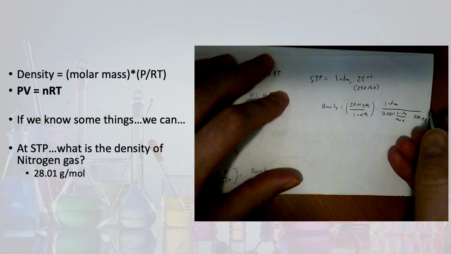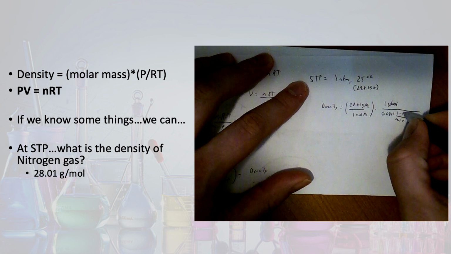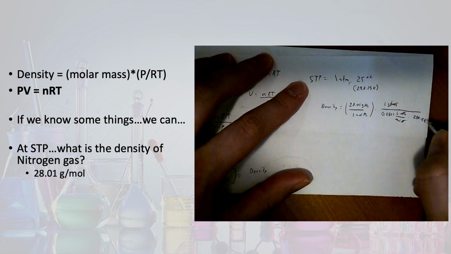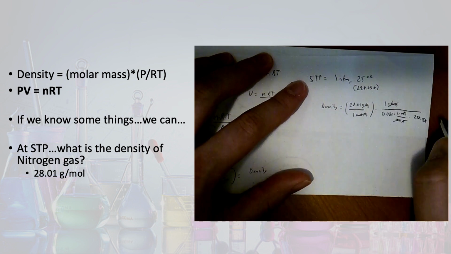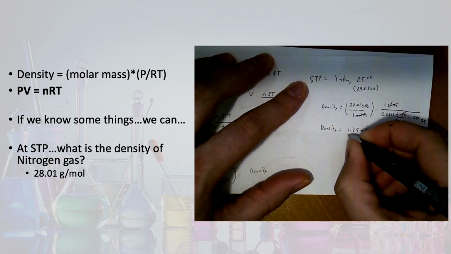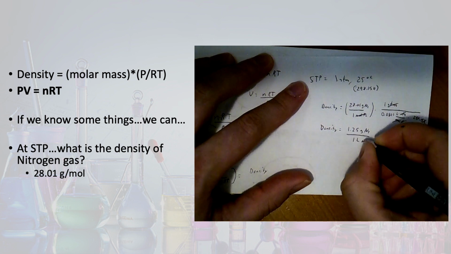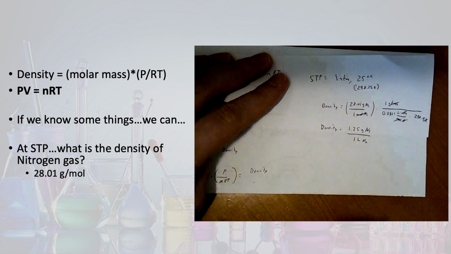So if we keep moving along, right, our atmospheres cancel, our kelvins cancel. I'm going to rearrange things here. So if we rearrange things, now that comes down to 1.25 grams of nitrogen per 1 liter nitrogen, right?